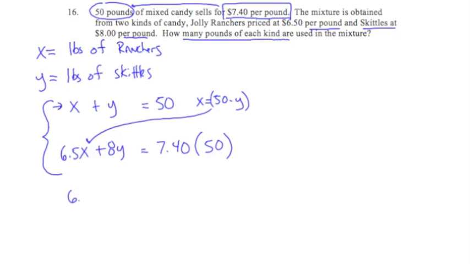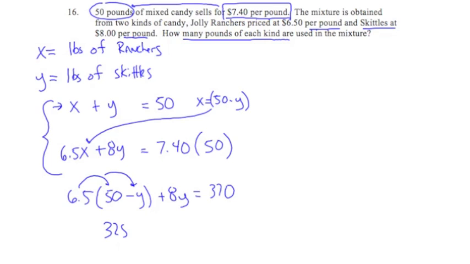So then I'd have 6.5 times 50 minus y, and then plus 8y equals, let's go ahead and get an answer to that multiplication for that total. 7.4 times 50, 370. Okay. Now I'm going to distribute this 6.5. So 6.5 times 50 gives me 325 minus 6.5y plus 8y equals 370.